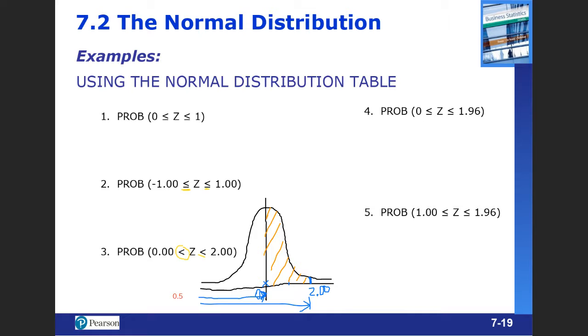So I've got the area from negative infinity up to 0. So this is negative infinity up to 0. I've got the area from negative infinity up to 2. Eliyahu, what should I do? Hiba?